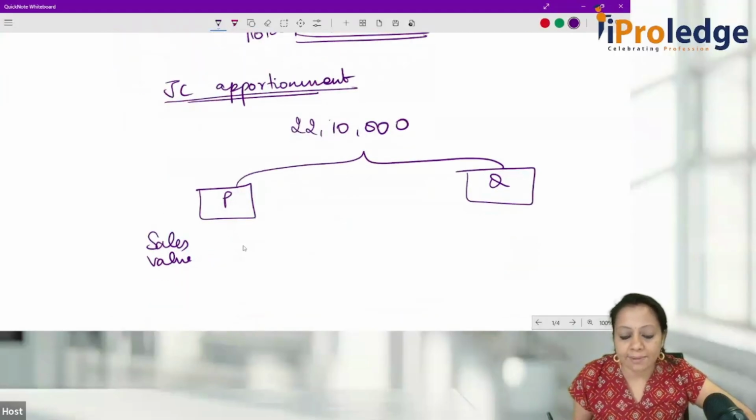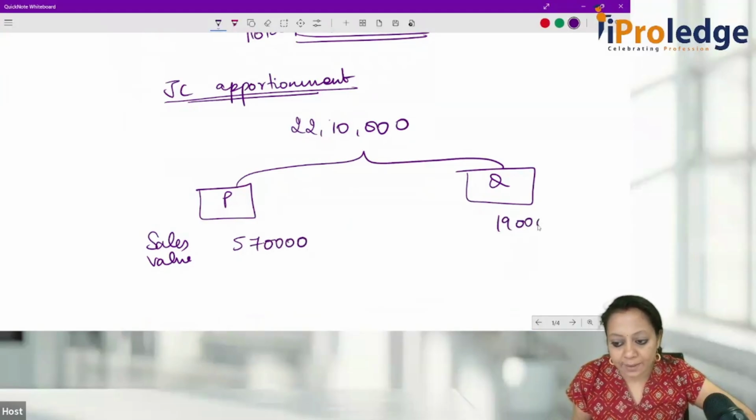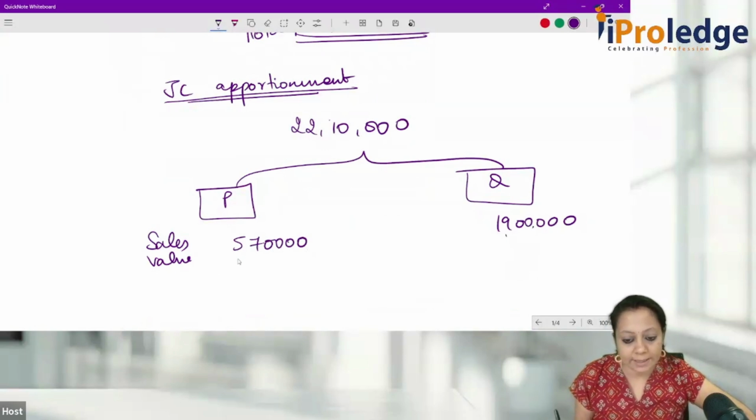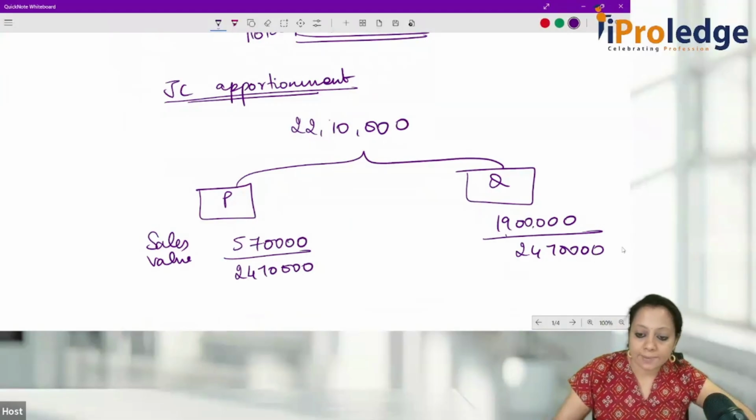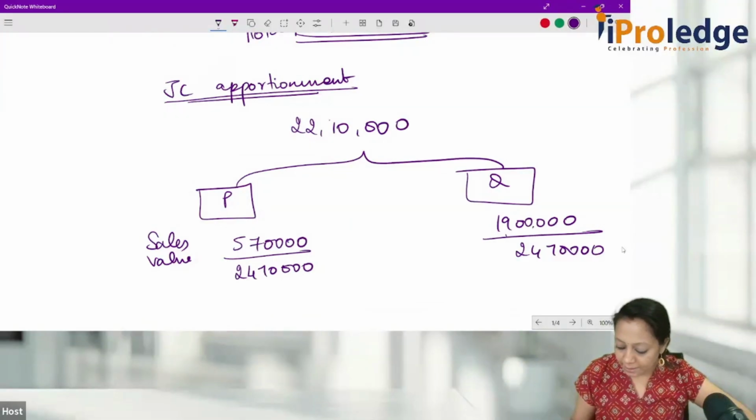It is 5,70,000 and 19 lakhs, divided by 24 lakh 70,000. Just like partnership, the ratio. We are doing it based on sales value because of the question. That's it. 22 lakh 10,000 divided by 24 lakh 70,000.